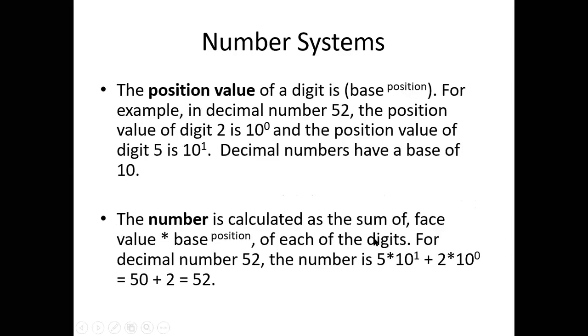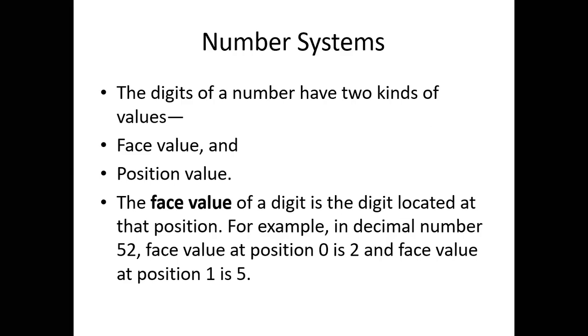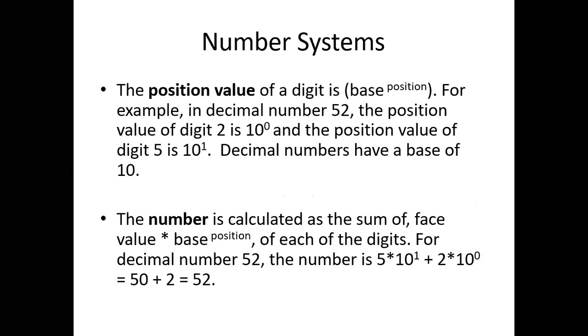Okay, so now we've talked about the concept of the face value. Now let's look at the concept of the position value. Here, we are looking at the actual weight of that digit in that particular position. The position value of a digit is the base raised to that position.